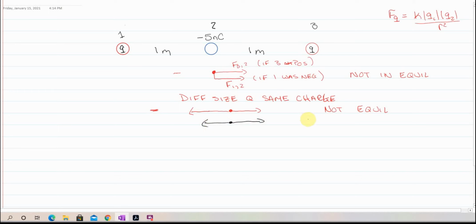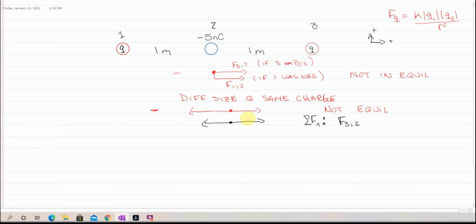And then we wrote out our sum of forces. What do I have here? It's all in the x. Let's define up and to the right as positive. So it's all in the x. I'm going to have force 3 on 2, and then actually, that would be minus. I should have labeled that.